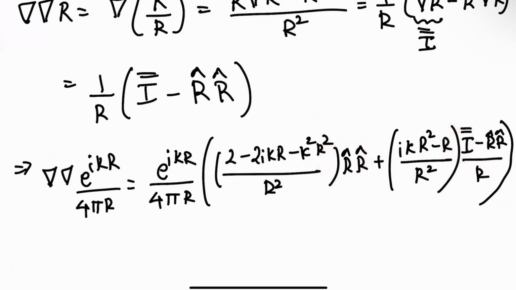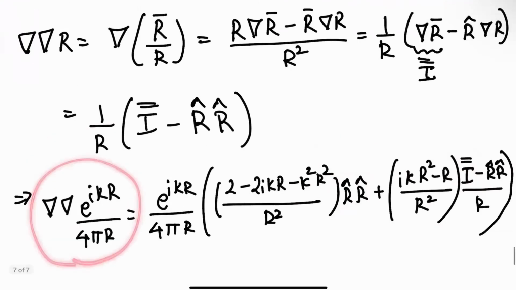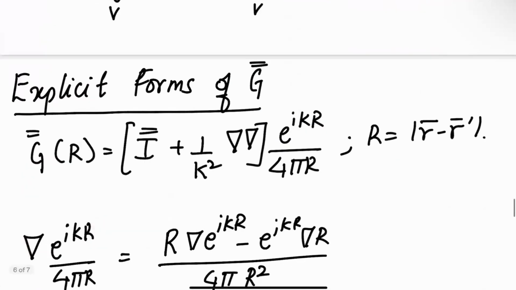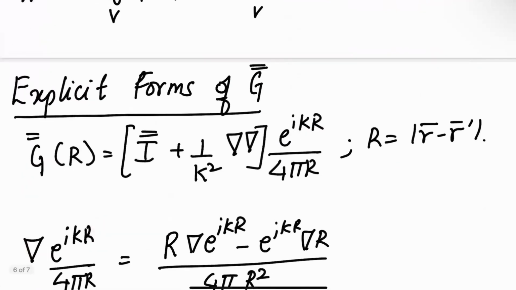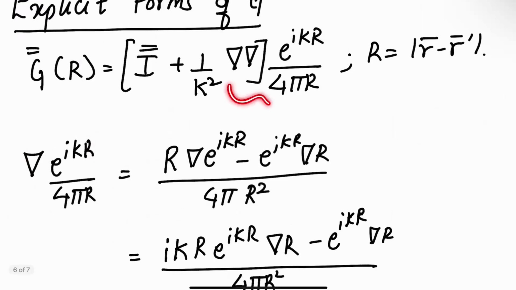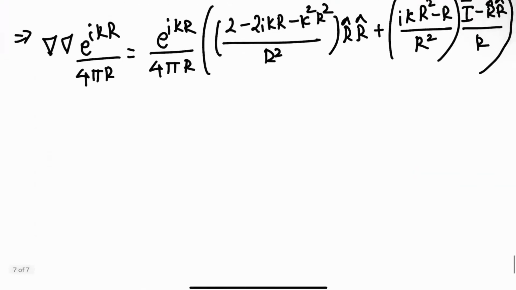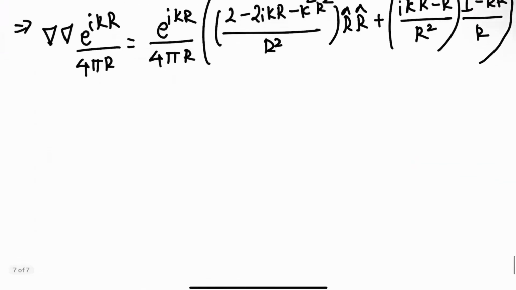Since now we know what this term is, and we also know this term, we can substitute. Actually we don't need this term, we only need the second term. We substitute that in here and evaluate the whole thing, and that comes out to be g of r, comma r prime, or I'll just write it in terms of r.